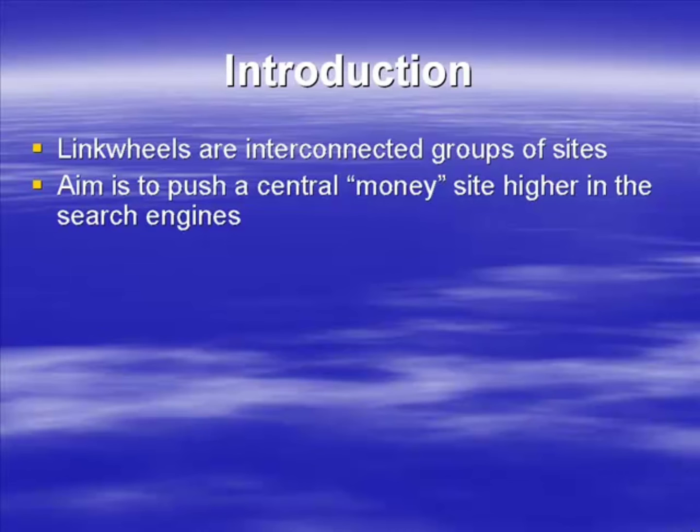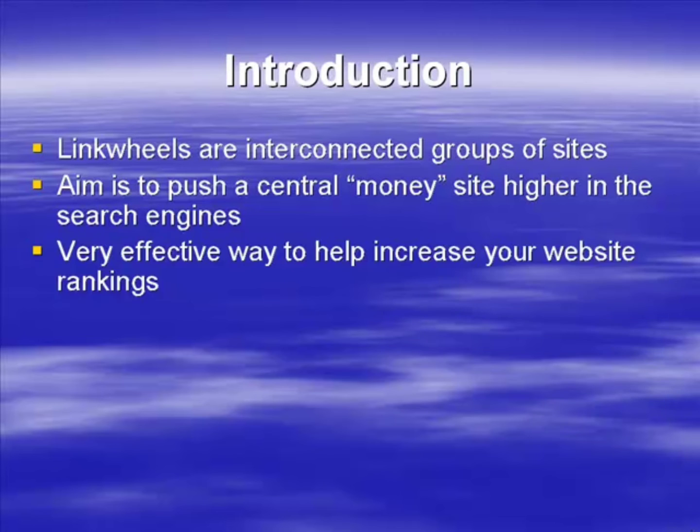Your money site is the site that's going to earn you money directly. So it could be your sales letter, your AdSense site, your CPA offer, whatever it might be. It's all there, in the middle. So basically you create this wheel of sites around it that link to each other and link to the central site. It's a very, very effective way to help you increase your search engine rankings.